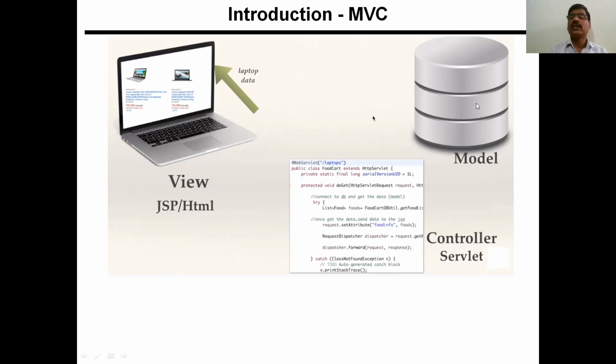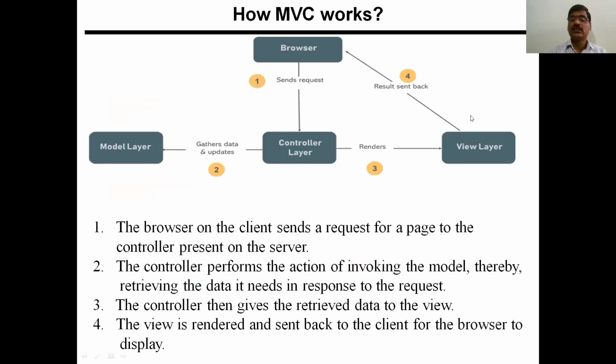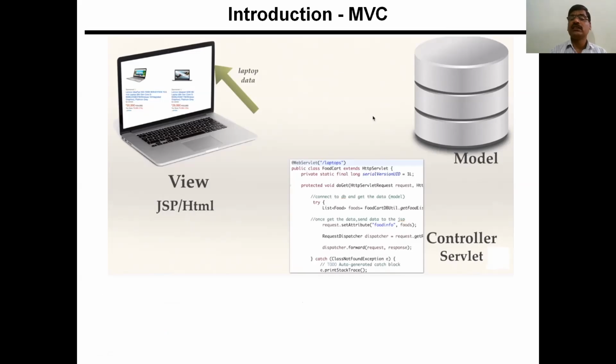For example, you take a database, you are storing the data in the tables, isn't it? So like this here, you are storing the data in this database. That is what we are calling a model. In the model, we are implementing the business logic.